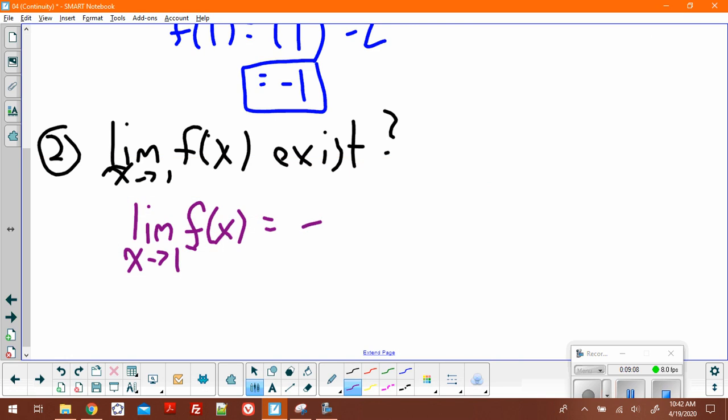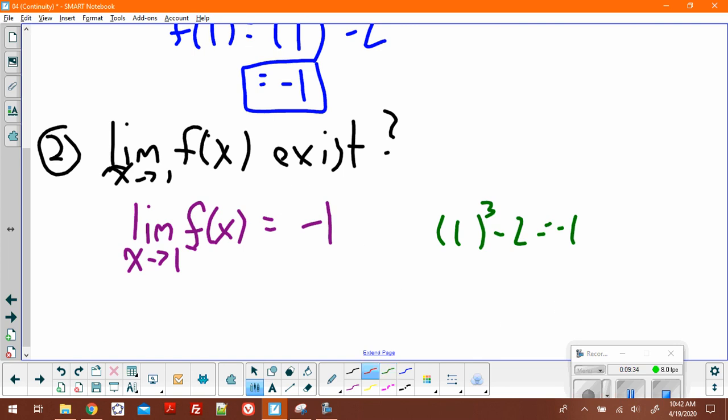Again, we're going to get into this in more detail, but essentially, to test the limit, I can just go into my function and plug it in again. It's 1 cubed minus 2, which is -1, and that works here, but it does arrive at -1.